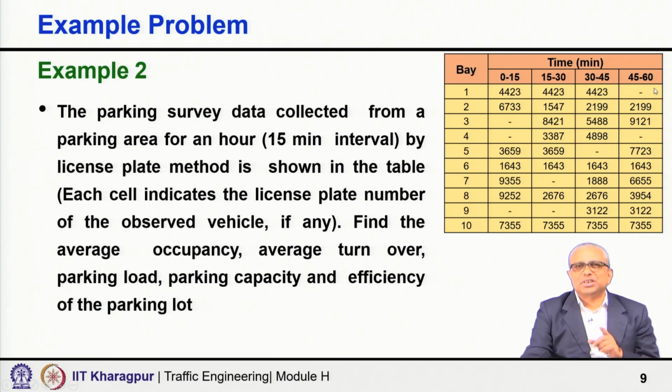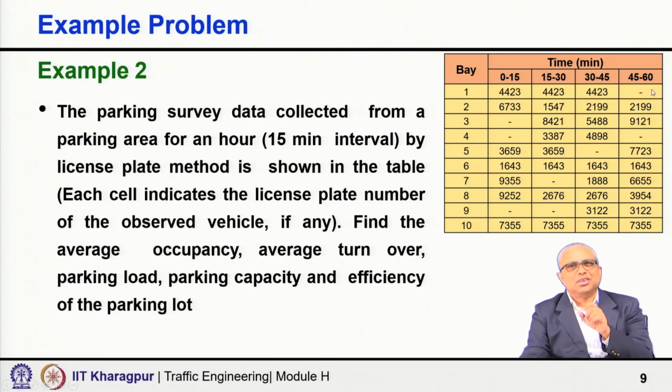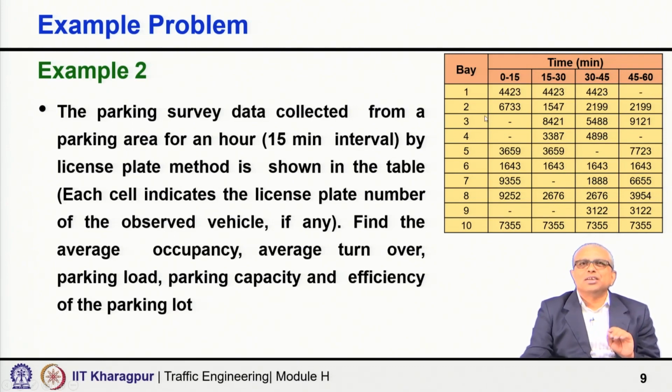Then in the fourth beat, 45 to 60, you do not get the vehicle, right. Similarly, in another bay you get a vehicle, next beat you get a different vehicle, third again a different vehicle, but the third and fourth beats show the same vehicle. So, like that it is given, right.